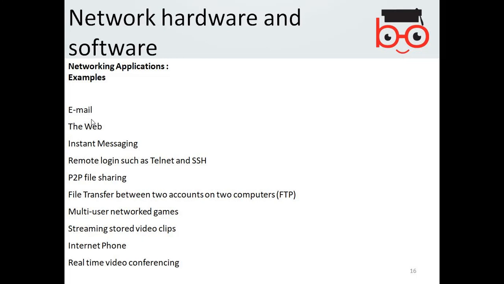Others are the web itself, instant messaging, remote login, P2P file sharing, file transfer between 2 accounts, multi-user network games, streaming, internet phones, and real-time video conferencing. These are examples of network applications.